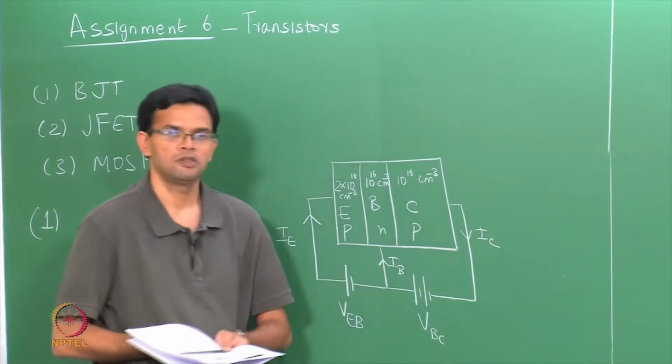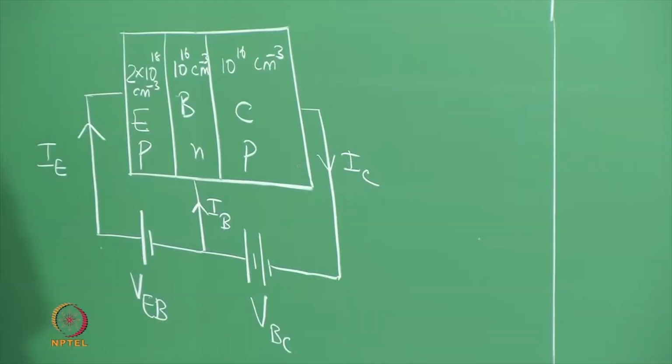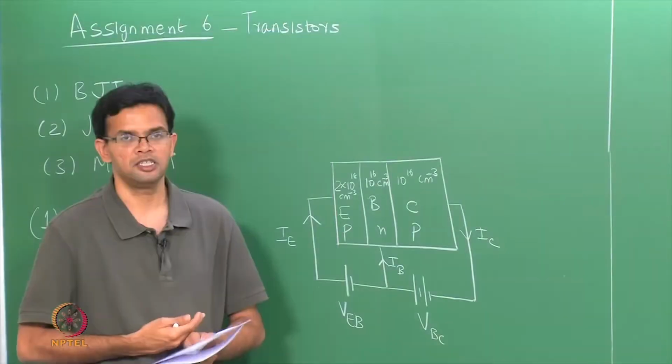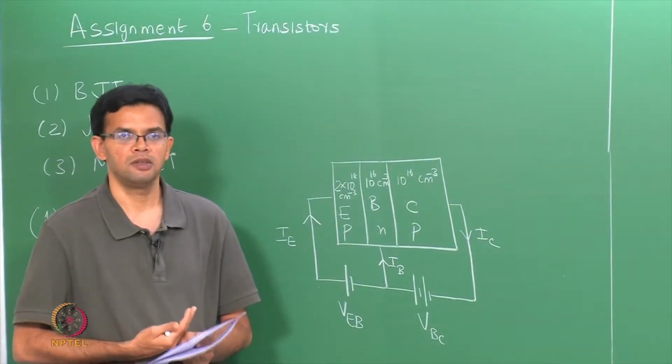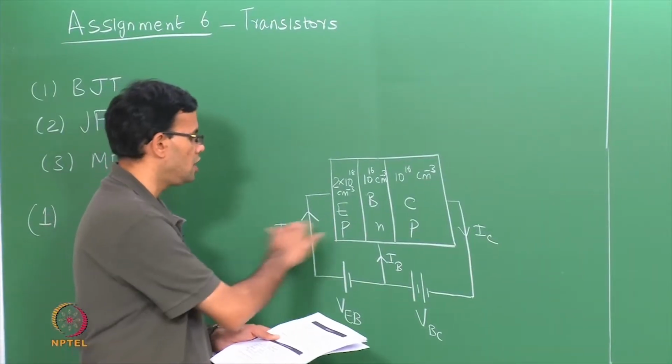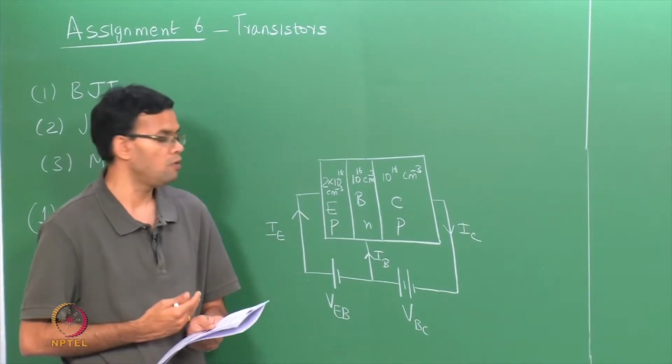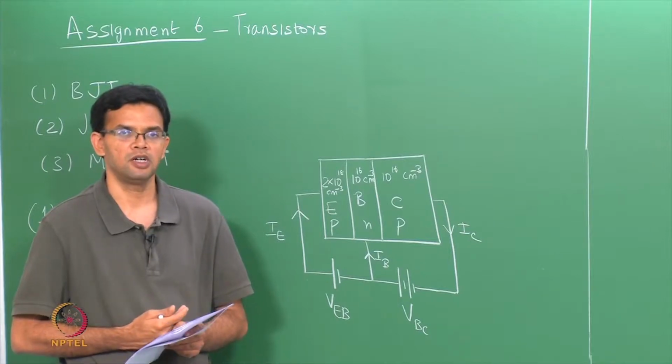Some of the holes which move into the base and get recombined are essentially replenished by the external circuit, and that forms the base current. So, this is just a simple schematic of how a PNP bipolar junction transistor works in your common base mode.